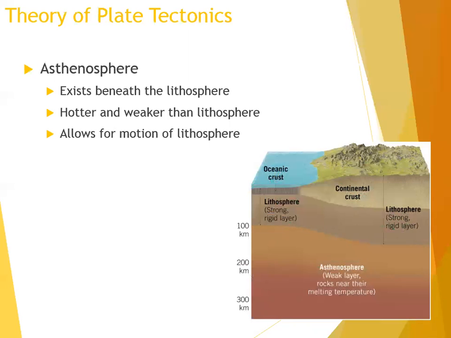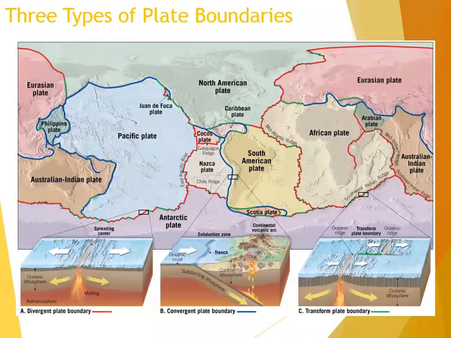Which brings us to perhaps our biggest topic for this chapter. The three types of plate boundaries. You can see all different types of plates here. As these plates move, the distance between them is going to change a little bit.